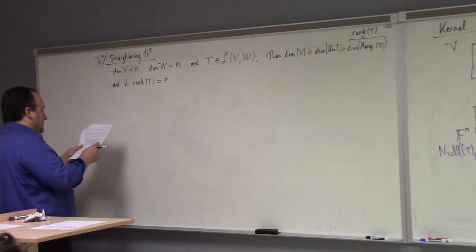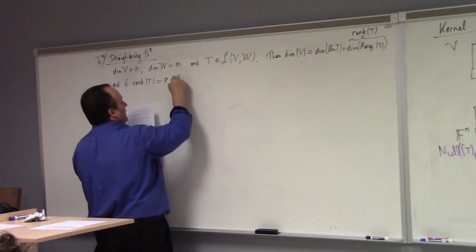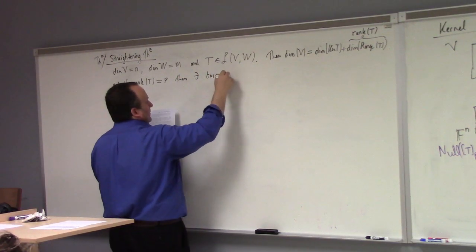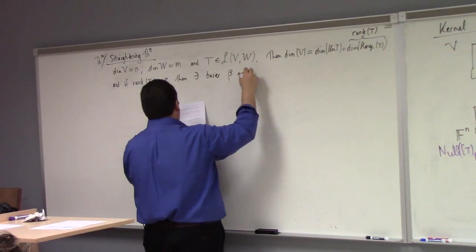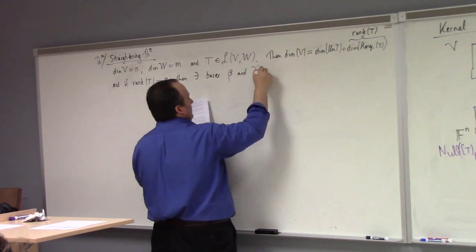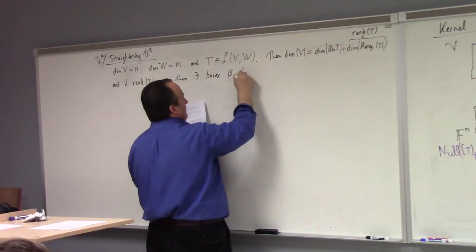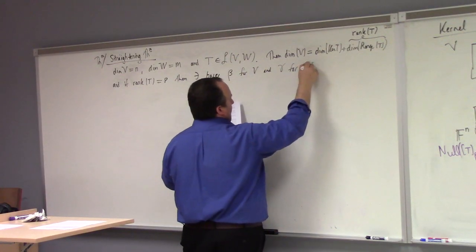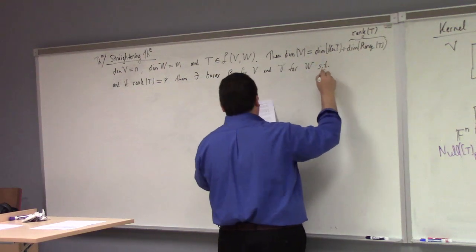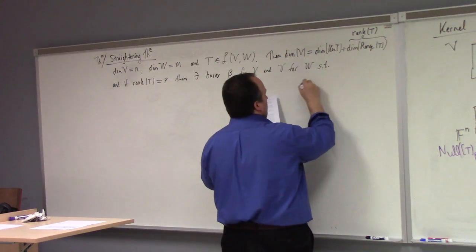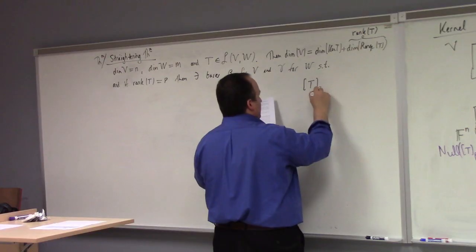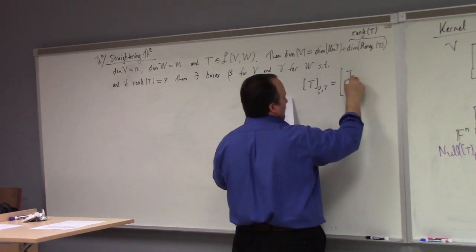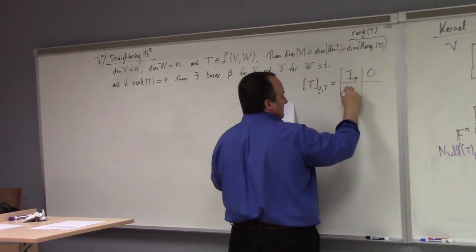Anyway, so if the rank of T is p, then there exist bases beta for V and gamma for W such that the matrix of T beta gamma is equal to the p by p identity matrix padded with zeros.